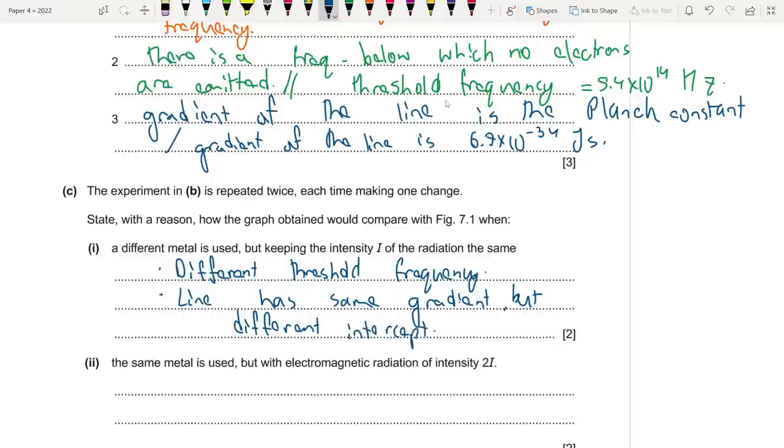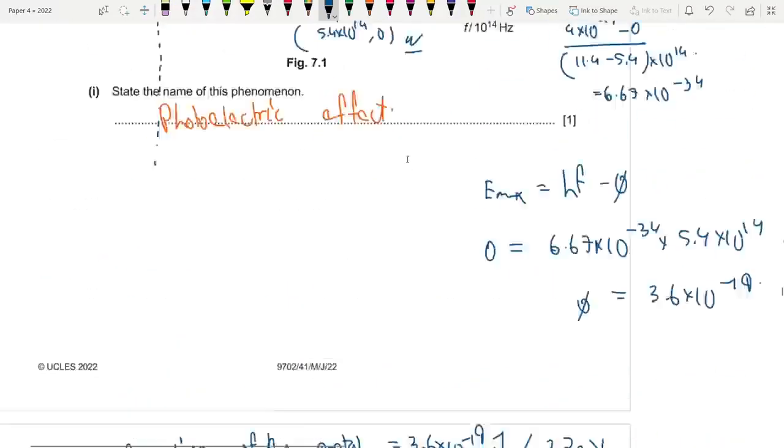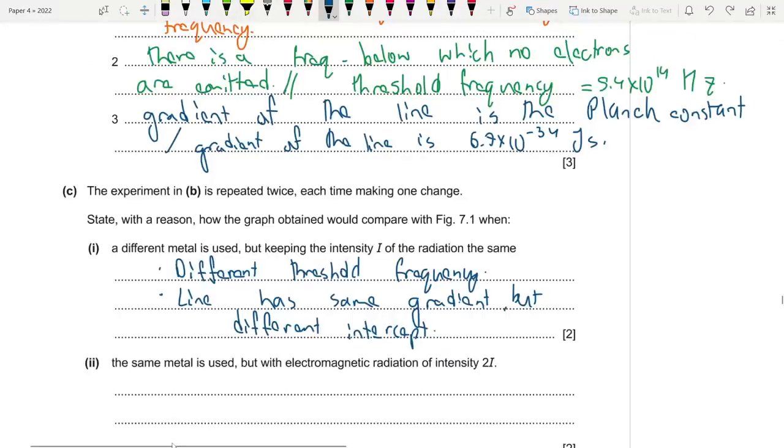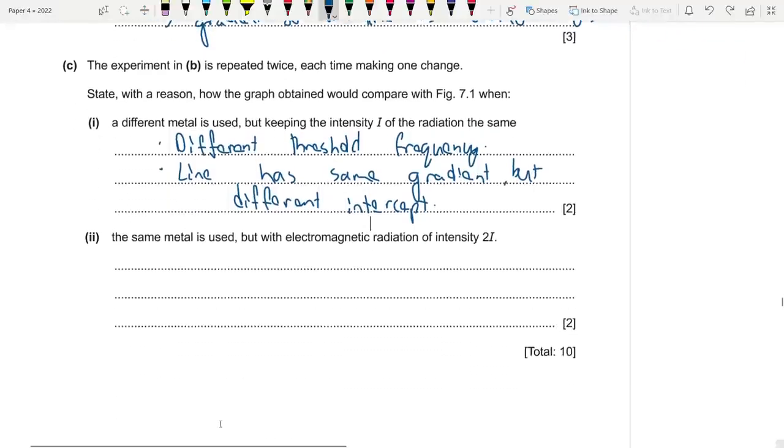The different intercept indicates a different work function. So the line could have been parallel, but the x-intercept would be different and the y-intercept would also be different, right? Because the y-intercept represents the work function while the x-intercept represents the threshold frequency.